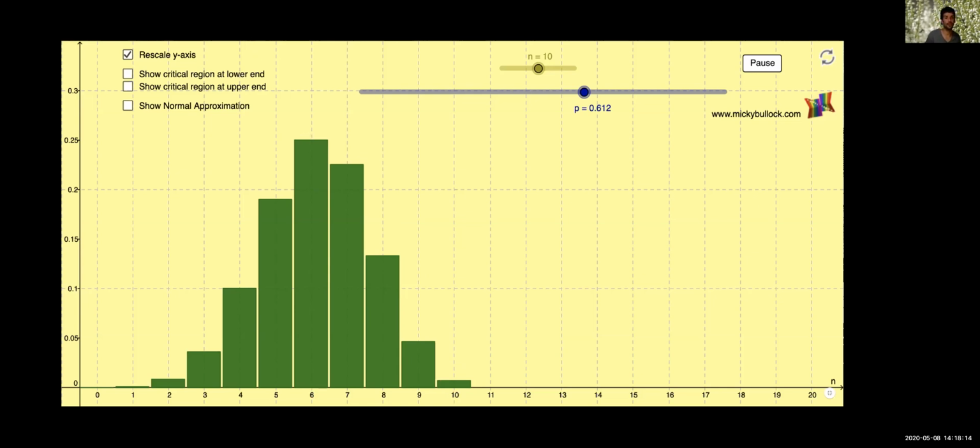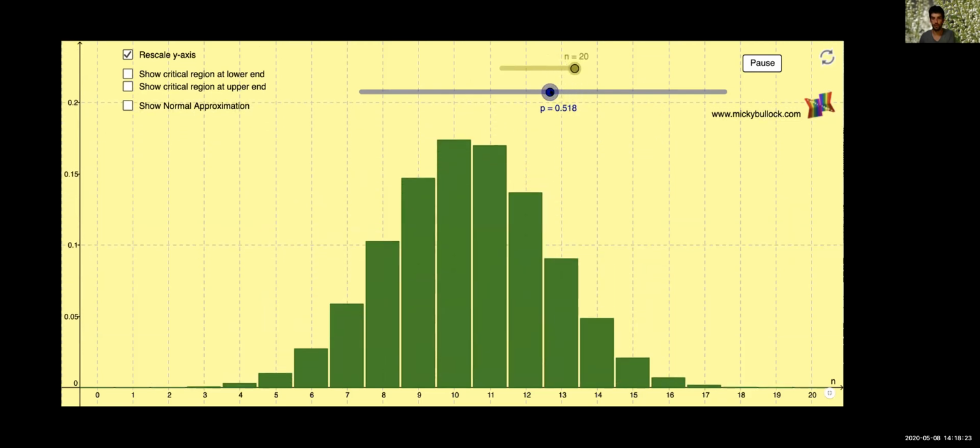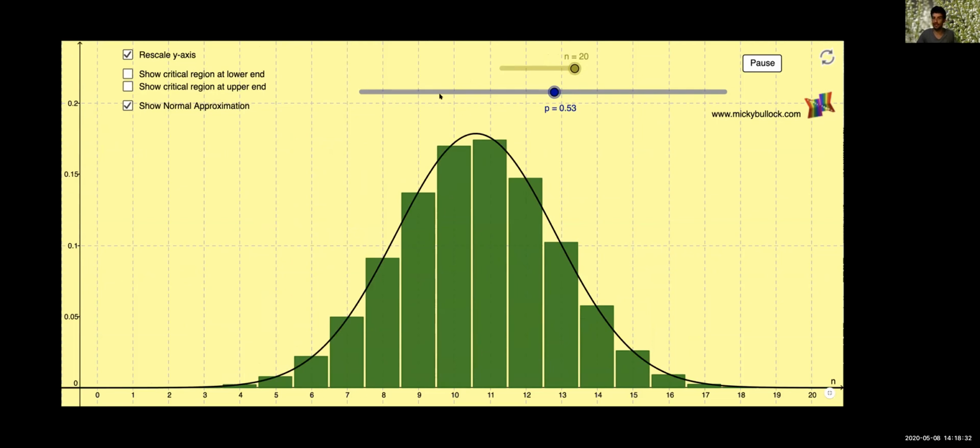There is something else interesting that happens here, though. I'm going to increase my number of trials to play with. And there's a shape that might be noticeable to you as something we've only hinted at in the past and we are only hinting at now.